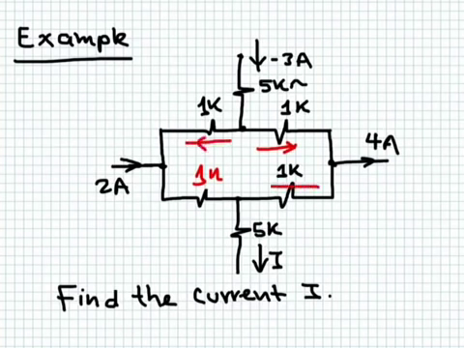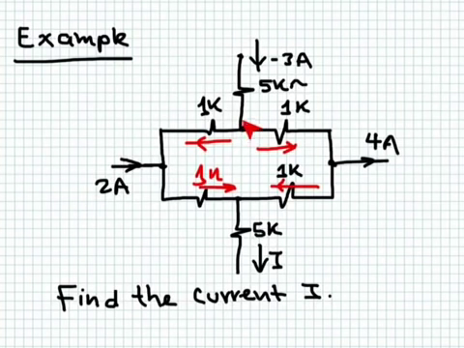I will define a current here, and a current here, and I will give them this direction. I don't know their actual values. I'm going to give them this reference direction. If their values turn out to be positive, great, then they're flowing in the assumed direction. If their values turn out to be negative, then they are flowing in the opposite direction. Okay, we'll see. So I will define these, and then I'm going to go to every node here.